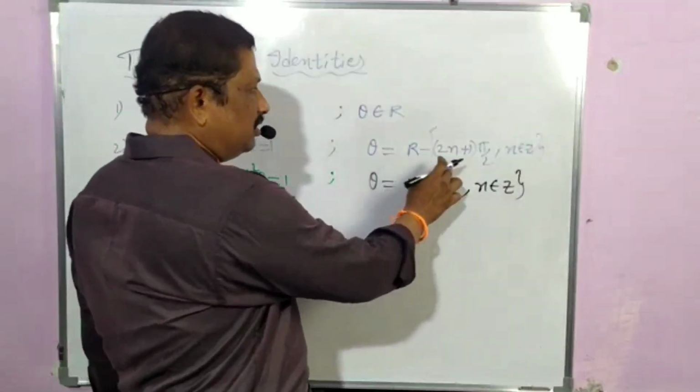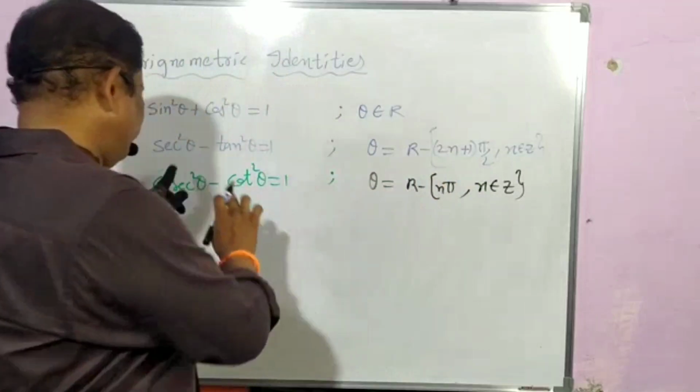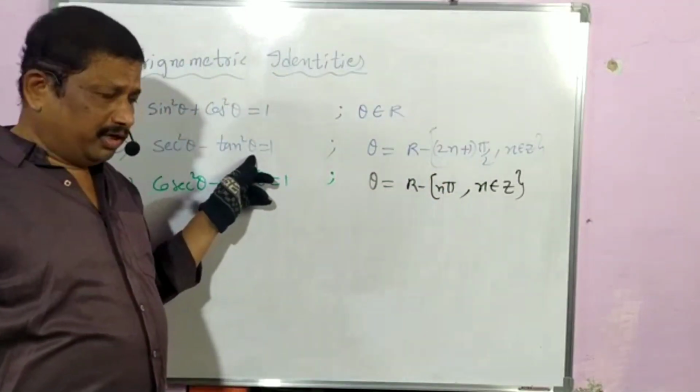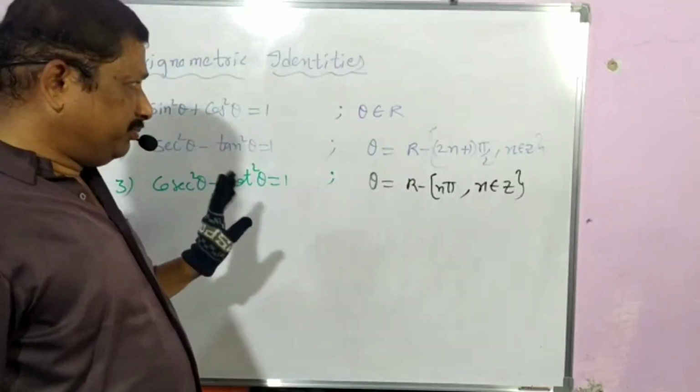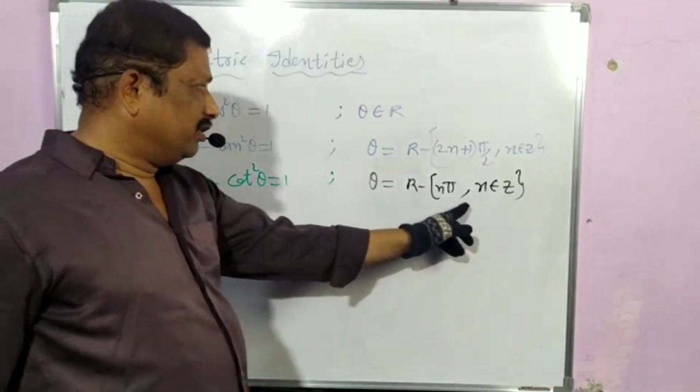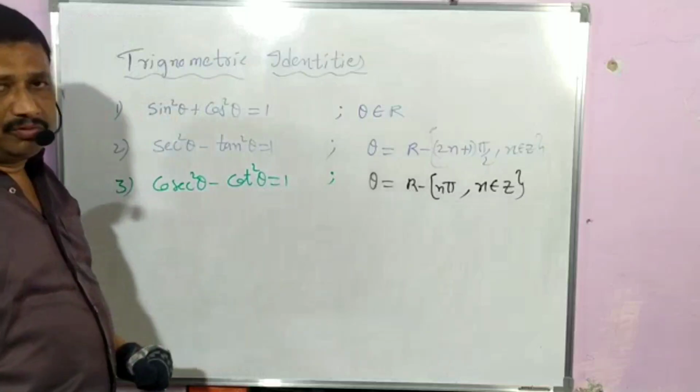The condition is the domain of the trigonometric function. For these values they are not defined; for all remaining values, it comes to 1.